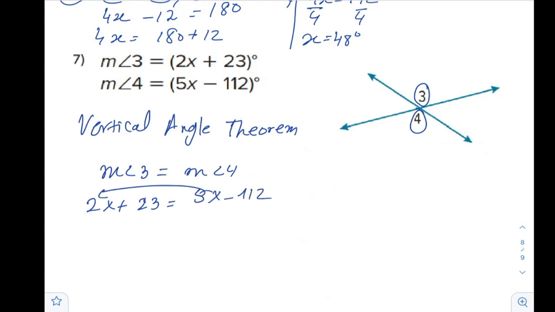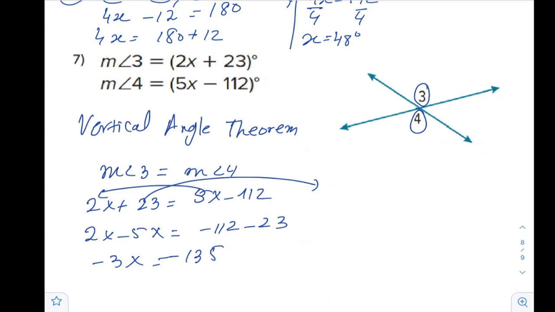You can take the x's together, the numbers together. So minus 3x is 112 plus 23 is 135, and dividing by negative 3 both sides, we have x is 45 degrees.